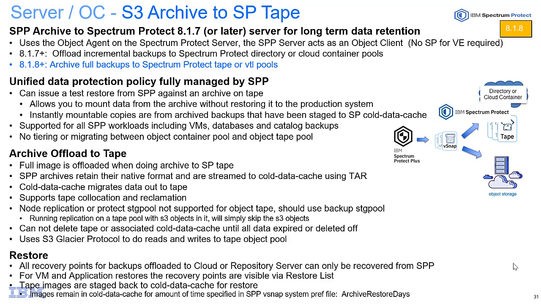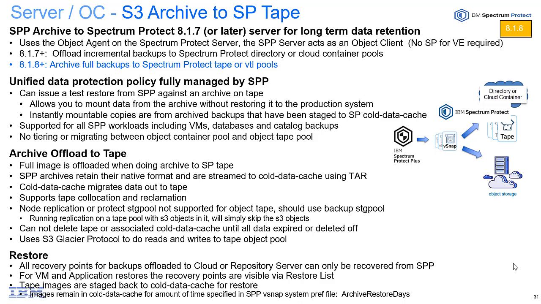Once it's on tape, you can do the normal tape reclamation and co-location and all those other typical Spectrum Protect tape features. Node replication or protect storage pool is not supported for objects that are written out to tape. However, you could use the backup storage pool inside of Spectrum Protect if you wanted an additional copy of that data.